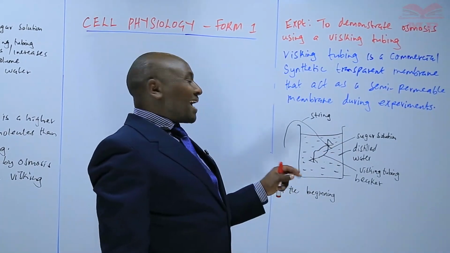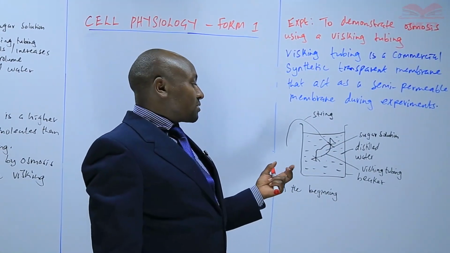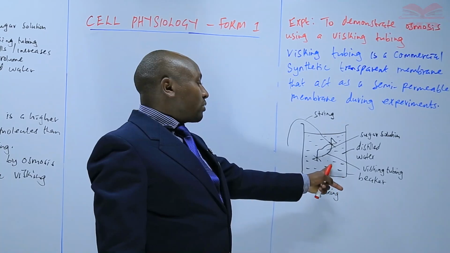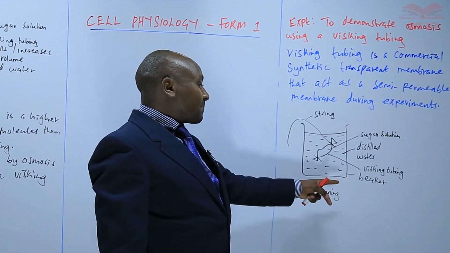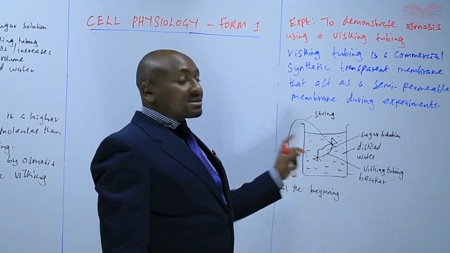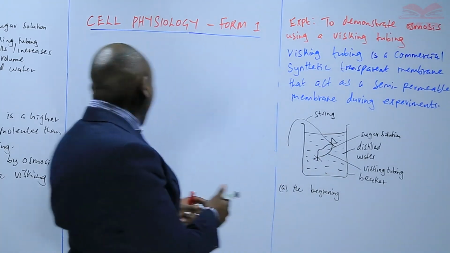The sugar solution has a low concentration of water molecules. So the molecules of water will move from the beaker into the whisking tubing by osmosis. The whisking tubing in this case is the semi-permeable membrane.